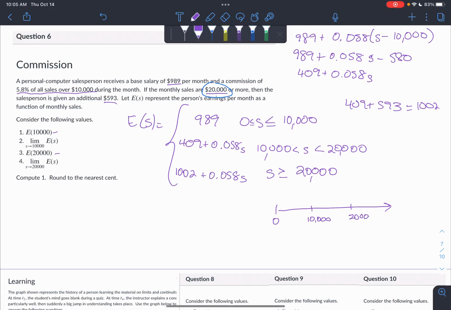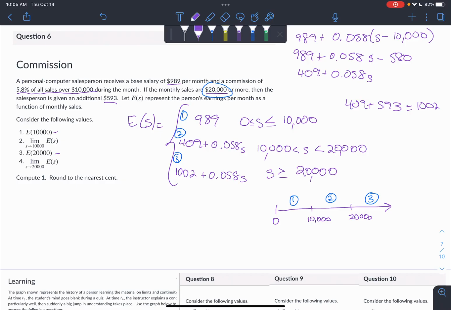If I have these partitions, I know that my first part of my function is when S is between 0 and 10,000. The second is when it's between 10,000 and 20,000. And the third is the point after 20,000.